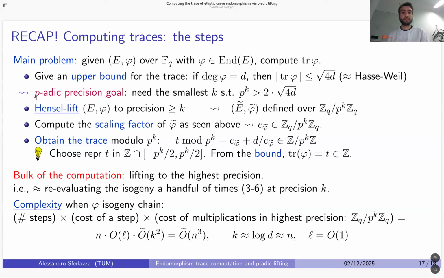Thanks, Damien, for answering the question about lifting Frobenius and using point counting. Are there any other questions? Maybe I can ask, when you have an HD representation, what does the complexity end up being?